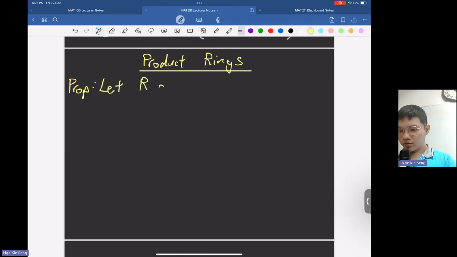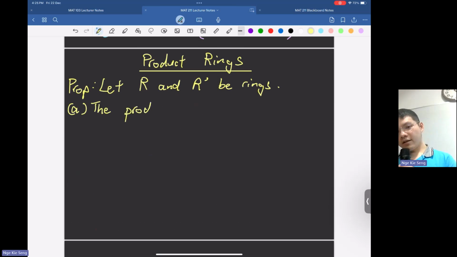Let's take two rings first. What is the product ring? On the set level, we just take the product set, or the Cartesian product. You can imagine R, the real numbers, is a ring, and R squared is another ring, the Cartesian product.